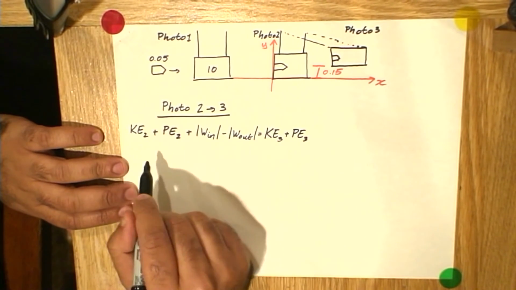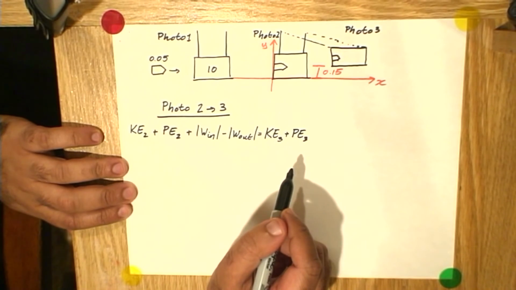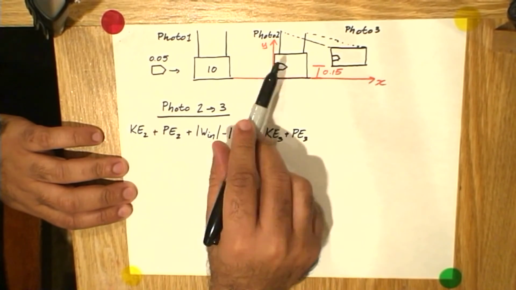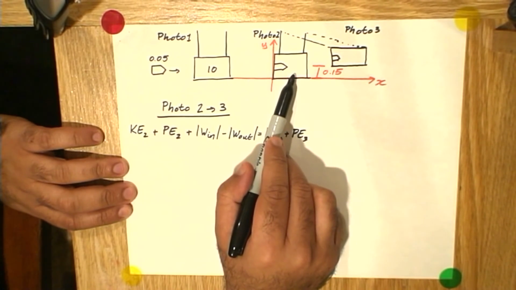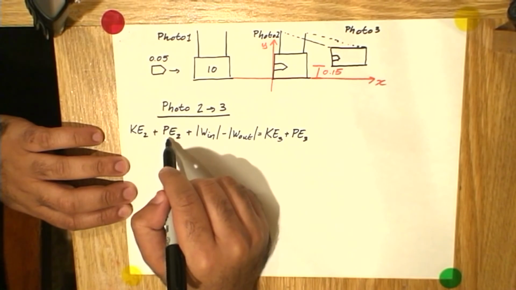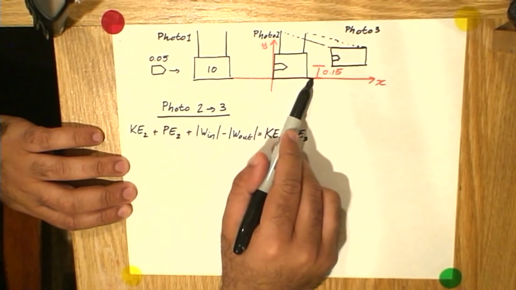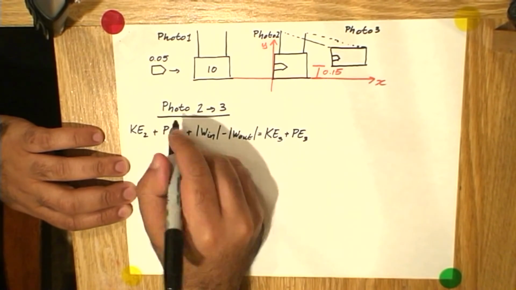So let's see what terms we can eliminate. In photo 2, the box is certainly moving, but there's no potential energy because it's at the lowest point. It's along the x-axis.